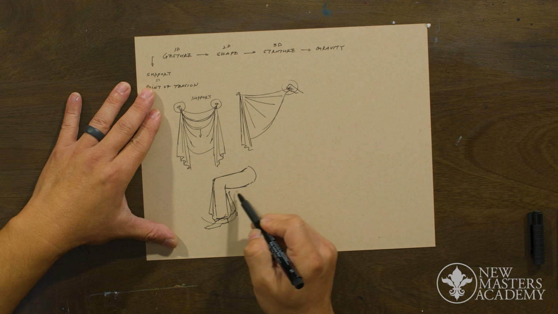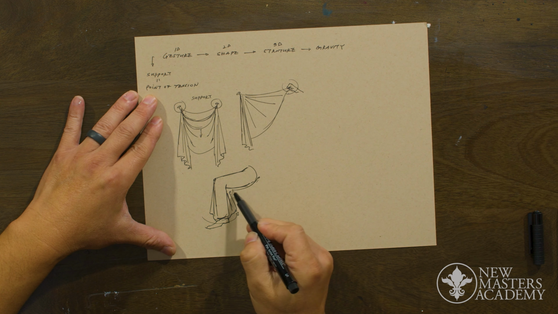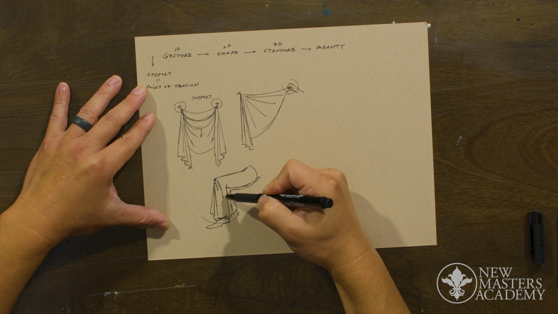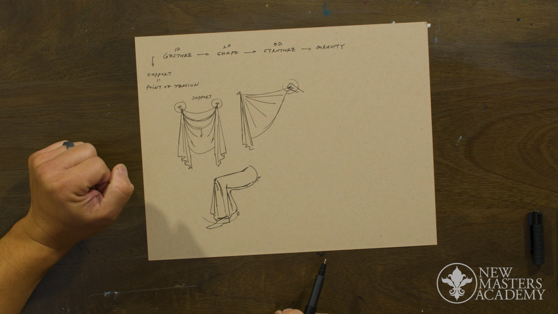Or let's say it's not a skirt but some very loose pants, and this part connects to that, and you're going to see some folds hanging down like this. So that's more of a support.